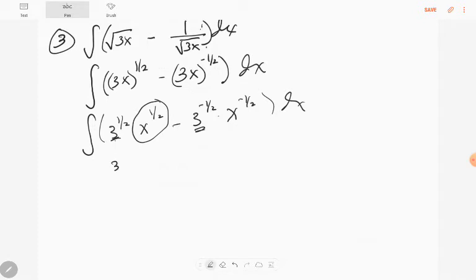So you have 3 raised to 1/2 times the integral, which is x raised to 1/2 plus 1 is 3/2 all over 3/2 minus 3 raised to negative 1/2 times x raised to negative 1/2 plus 1 gives you positive 1/2 over 1/2 plus c.